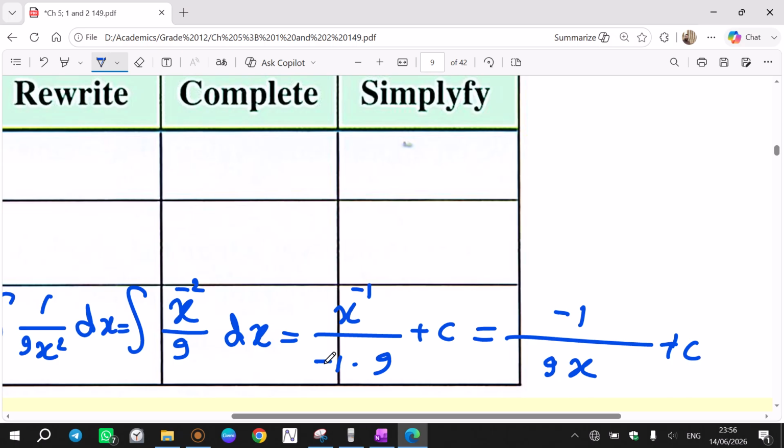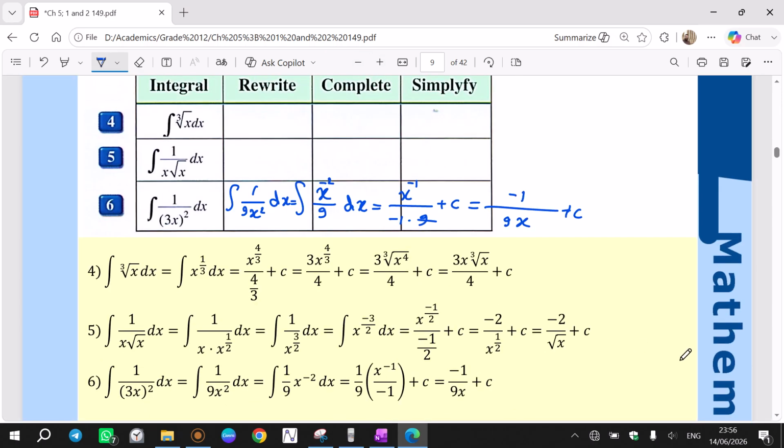This negative is in the denominator, it's not simplest form, so it should go up. Nothing remains up, we should write 1. This negative 1 is not this negative 1 that went up. Nothing remains up, I can write 1. The negative should not stay in the denominator, it goes up. And then x power negative 1 goes down next to the 9. The 9 is already down.